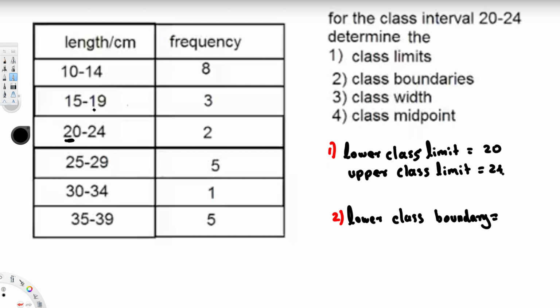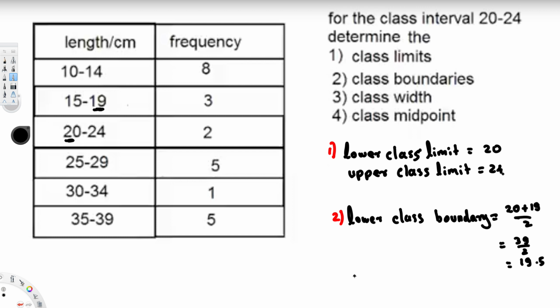So here this is 19, right? So 20 plus 19 divided by 2, that's going to be the lower class boundary. If you calculate this, it's going to be 39 divided by 2, that's equal to 19.5.